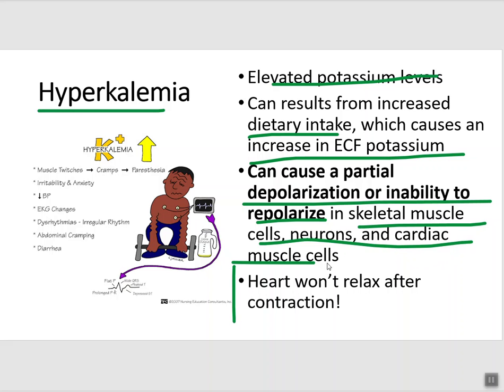This is a problem, guys. If you have too much, you're not going to be able to repolarize the cardiac muscle cells after contraction. That's not a good thing. That's why a form of potassium is one of the drugs they use in their cocktail when they do capital punishment.